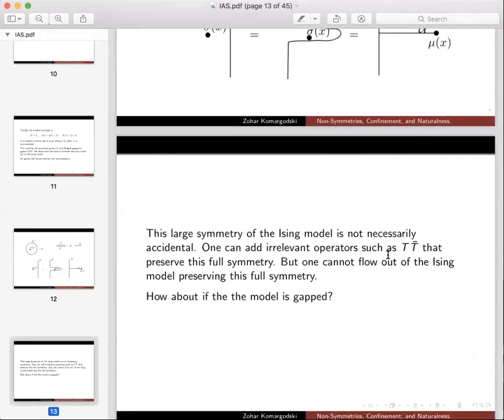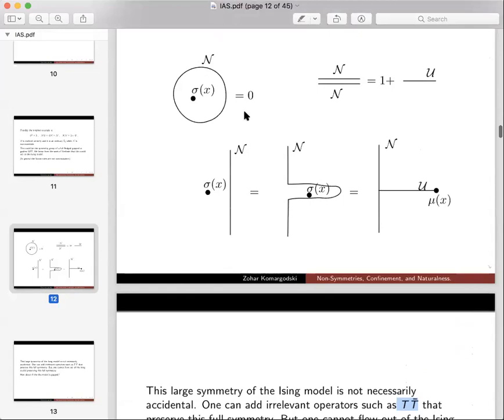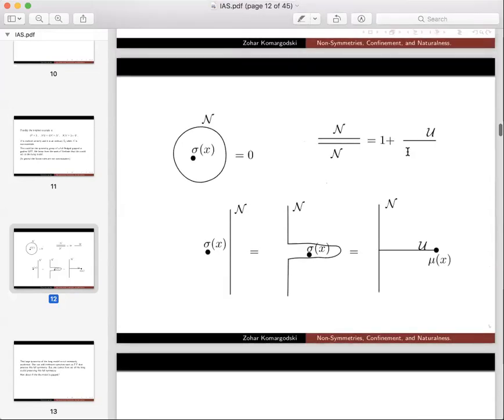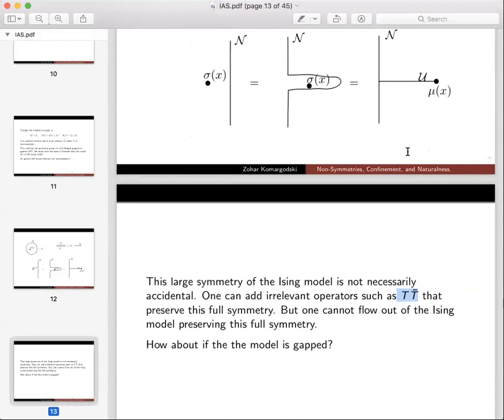You can think about it from the Ising model as deforming by T T-bar. The T T-bar operator is invariant under N, and it's invariant under U, so it preserves this funny algebra, and you can flow up to the UV. This flow basically ends at the tricritical Ising model. So the whole flow is consistent with the symmetry.